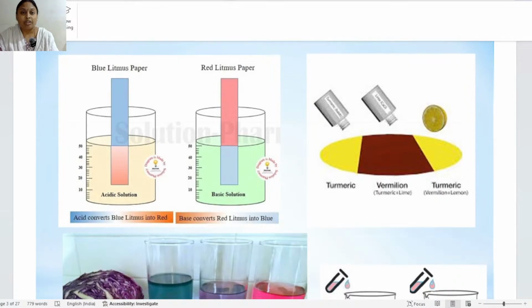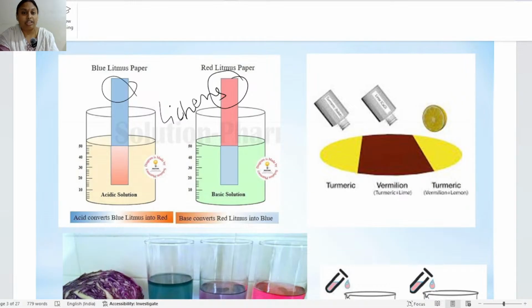See here, when it comes to the litmus, the original color is purple. We extract it from lichens. Here we have two types of litmus papers. One is a red litmus, another one is a blue litmus.